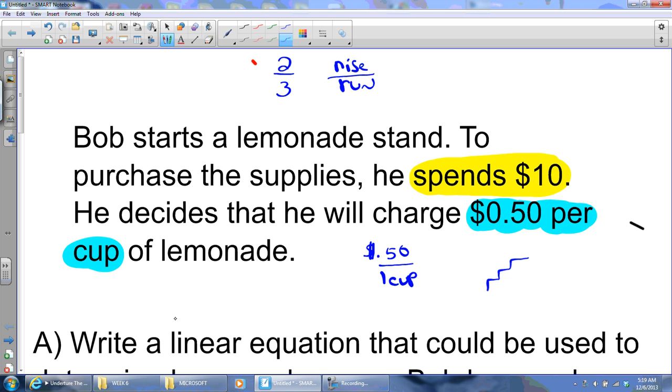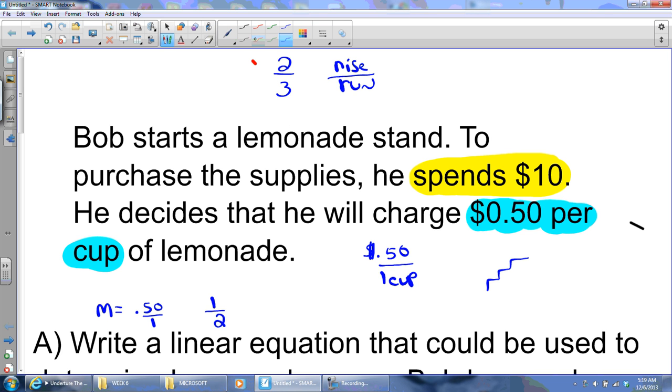So we know our slope. Our slope is 0.50 over 1. Somebody's probably wondering, could I just use a half? Yeah, you could, because you're going to go up $1 for every 2 cups, right? And so 1/2 would probably be easier to graph depending on the situation.